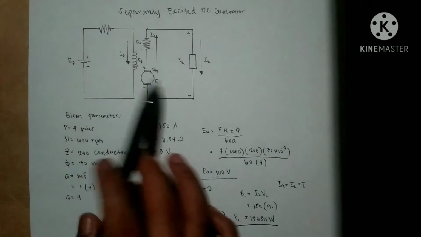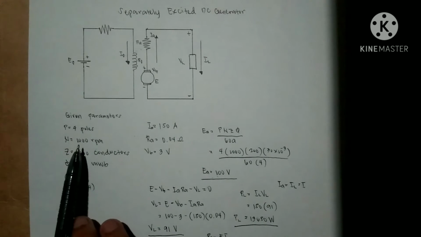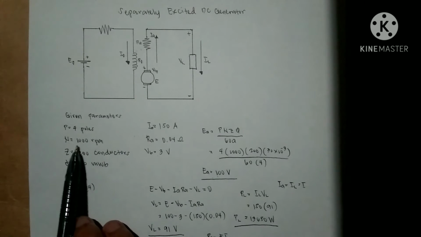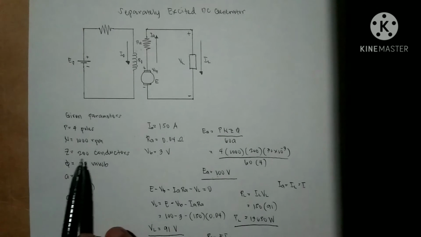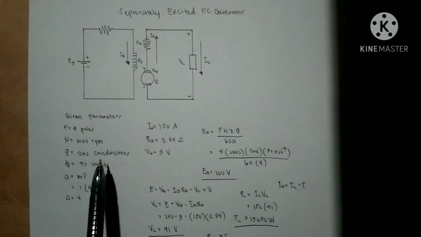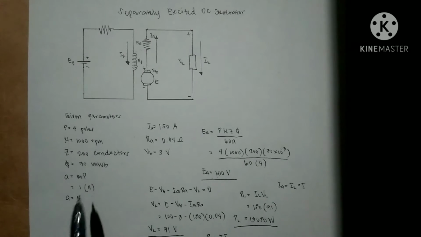In the armature, there are 4 poles. The armature speed is 1000 rpm. The total number of conductors is 200, and the flux per pole is 30 milliweber.